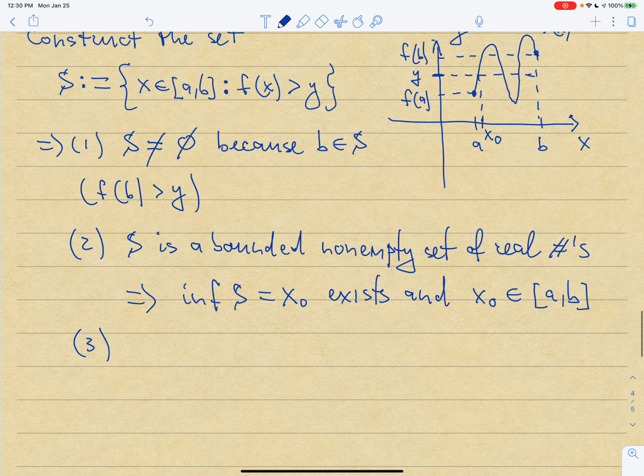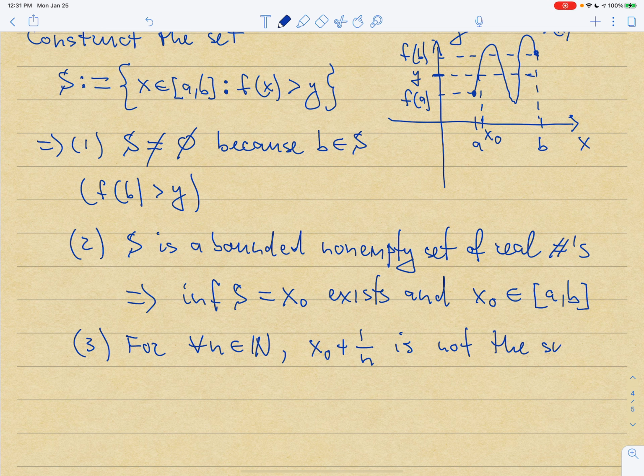Okay, so let's now do this. For every n in N, x0 plus 1 over n is not the infimum.